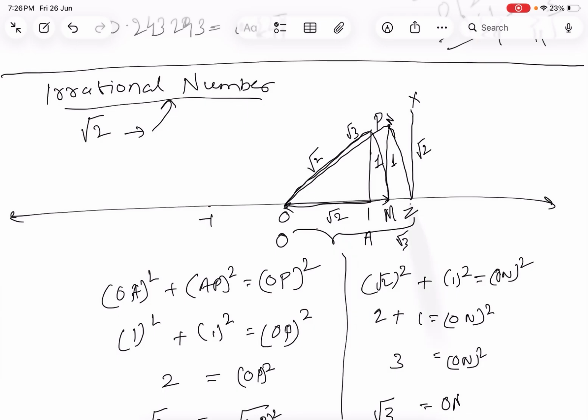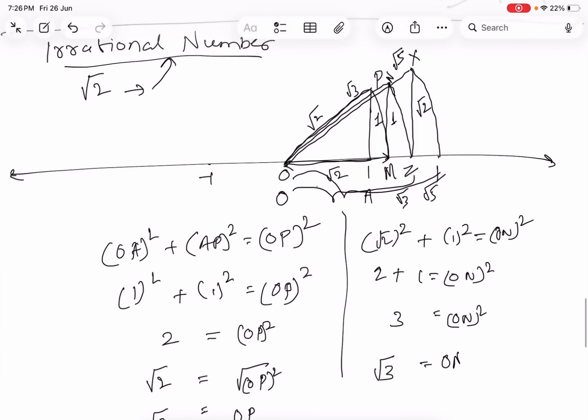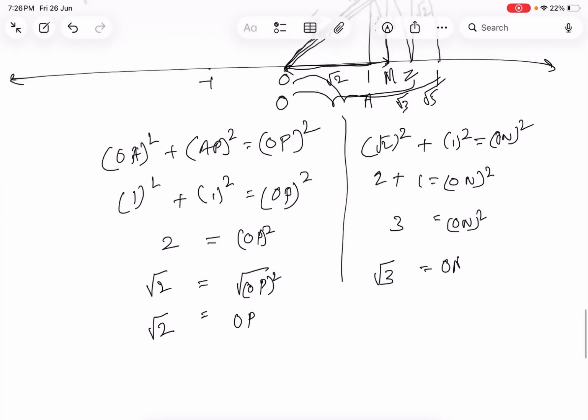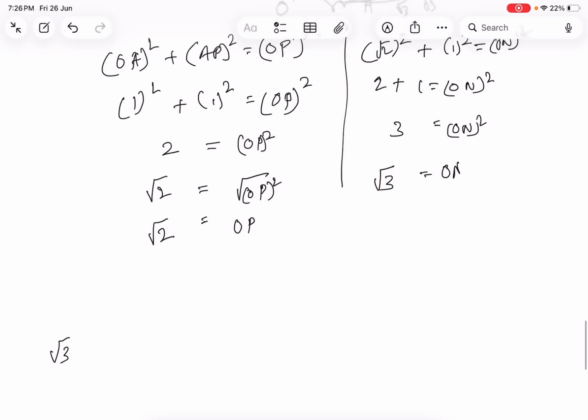This measure is square root of 3. Apply the hypotenuse theorem and OX will be equivalent to square root of 5. Again you draw an arc and you get a point, say L. OL will be equivalent to square root of 5. So this way you can draw these irrational numbers on the number line.